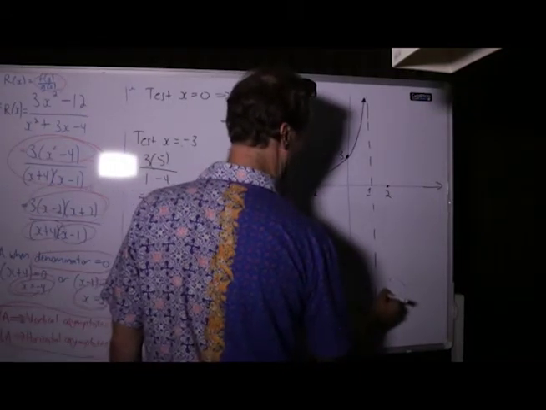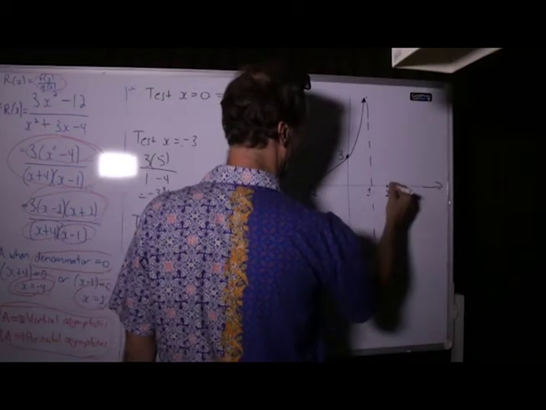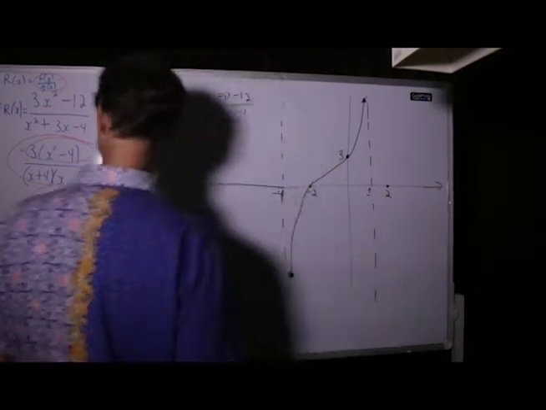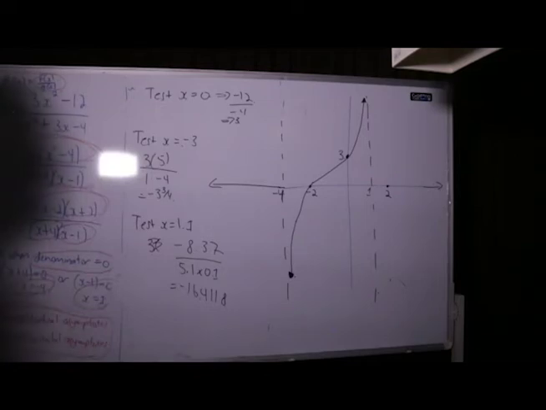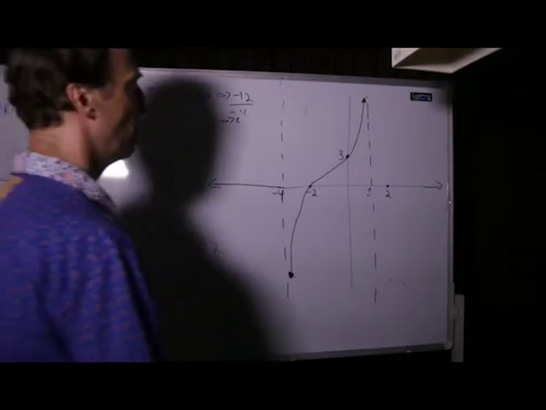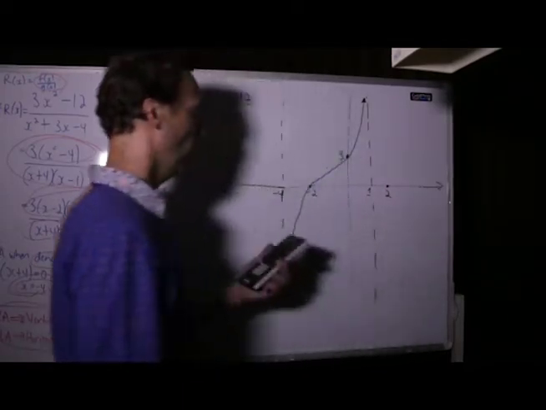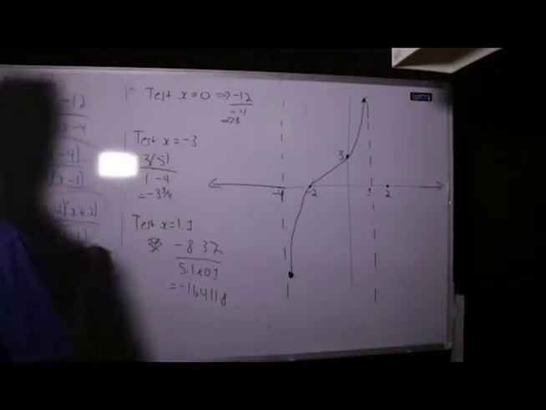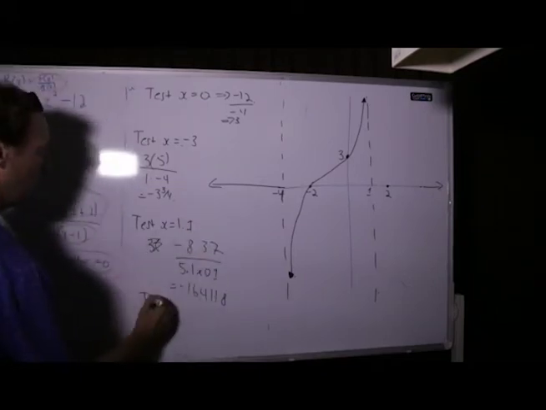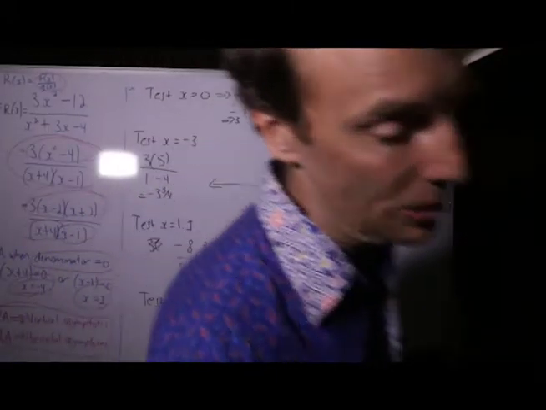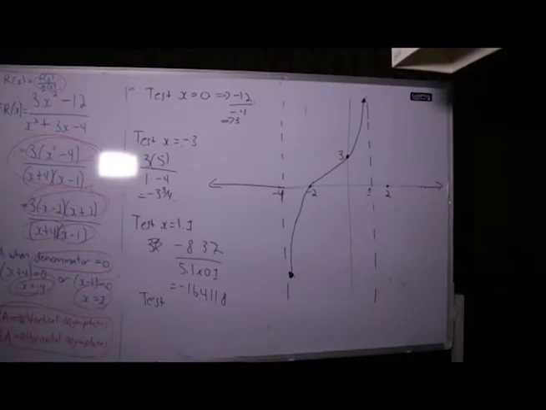Okay, and then if we check what we know, it goes through 2, but we need to find out what's happening over here. So let's just say we put in 4. Okay, so we test x equals 4. I'll just check that you can actually see this.